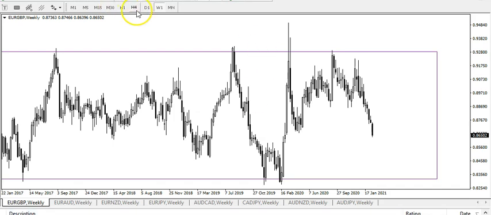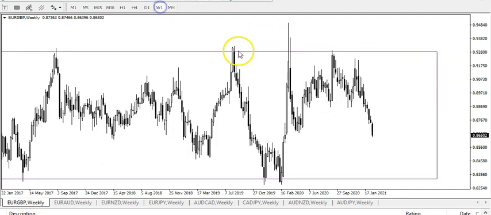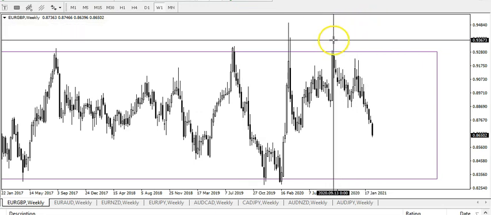Okay, so very quickly, in front of me, I have Euro Pound. Euro Pound is in a major range. Price has been ranging here, and this is very interesting because the last time we spoke was a few weeks ago. Sorry, when I say a few weeks, I meant September 2020.